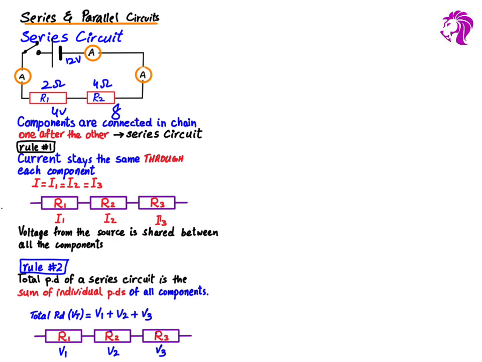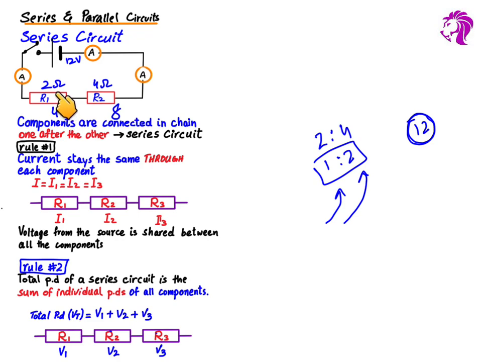In a ratio, right? So if I make the ratio, it would be 2:4, that is 1:2. So what's the total voltage? It's 12 volts. It would be shared in 2 parts, such that one part is 1 and the other part is double of that. Why? Because this is a 2 ohms resistor, this is a 4 ohms resistor.